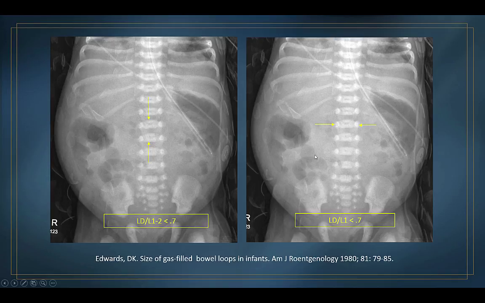The transverse diameter of a loop of bowel that you're concerned may be dilated should be less than 0.7, same measurement. So I've said it. If you want to try and use it, more power to you, but I guarantee you that there's probably not a pediatric radiologist alive that actually measures. It's really, unfortunately, more of a gestalt.